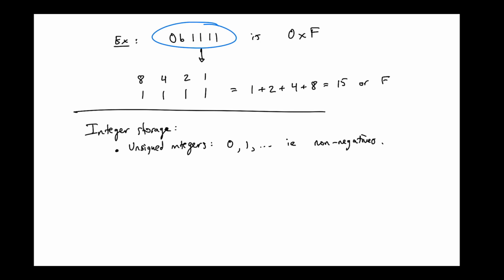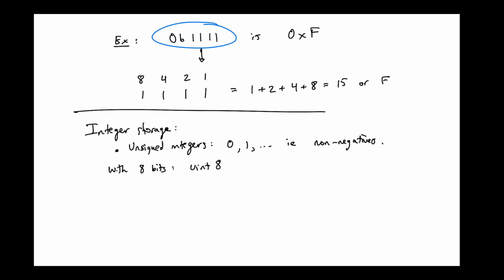So you can have an unsigned integer where you don't include any negatives. Let's talk about how to do this with 8 bits. What is the range of things we can encode? The data type that we'll call this is a uint8: U for unsigned, int for integer, and 8 for the number of bits we're going to encode it with.